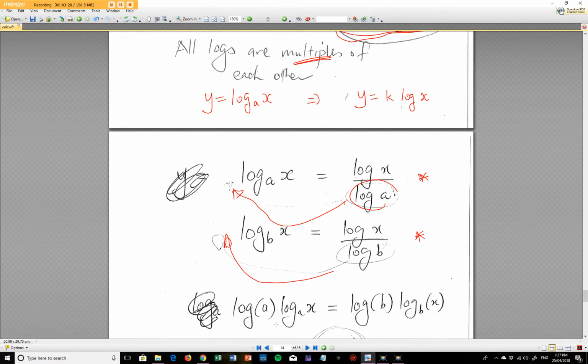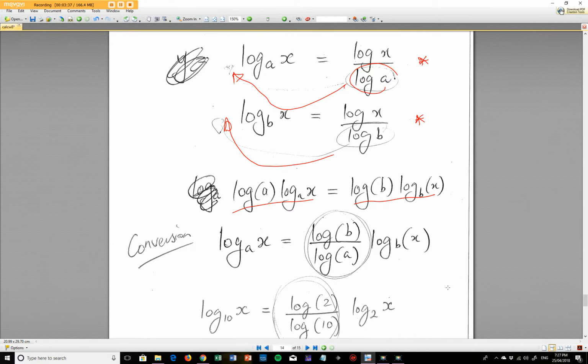They're the same thing, meaning log a times log base a of x and log b times log base b of x must be the same thing. And then rearranging that, we get this conversion formula that says that if you've got log to some base a of x, it's equal to log b divided by log a times log to the base b of x.